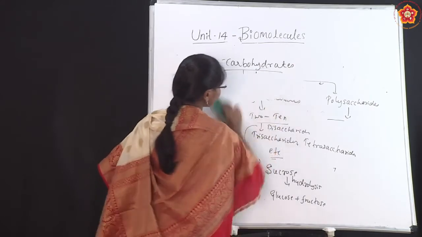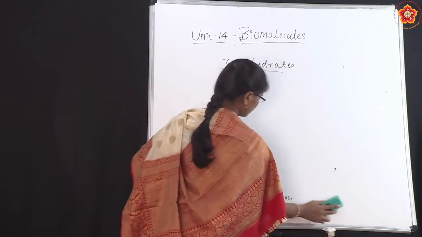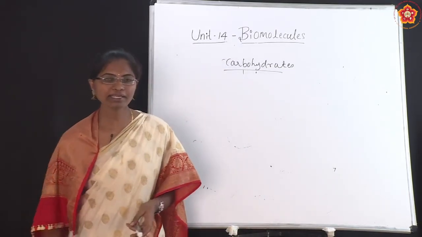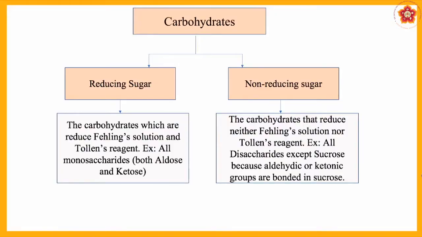Next, carbohydrates are again divided into 2 types, reducing sugar and non-reducing sugar. So what is meant by reducing sugar? The carbohydrates which reduce Fehling solution and Tollens reagent. For example, all monosaccharides, both aldose and ketose.